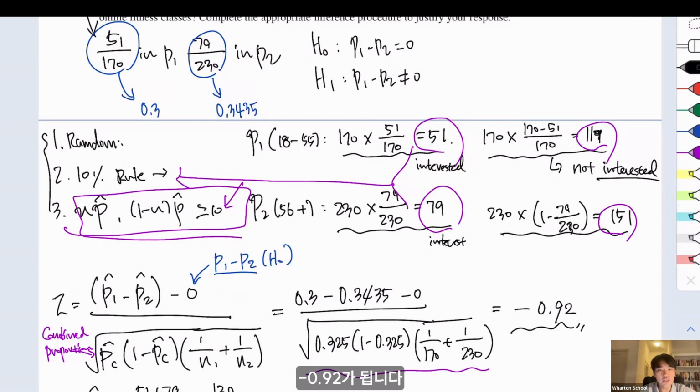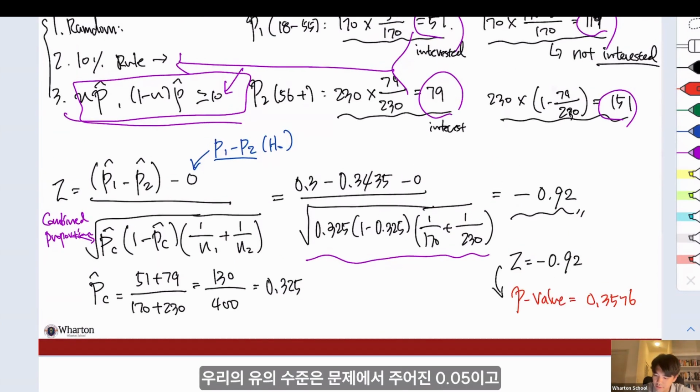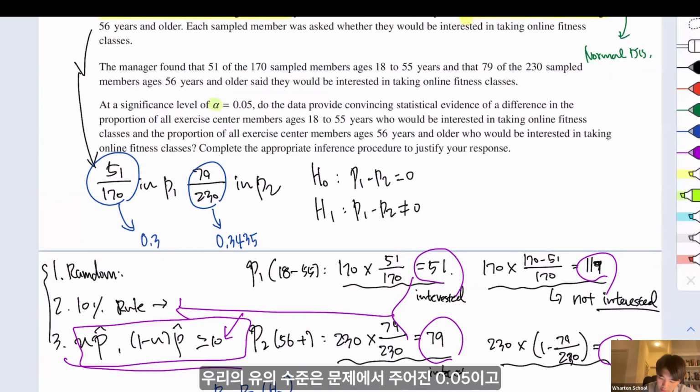The condition to reject the null hypothesis is that we have to find the p-value corresponding to z equals negative 0.92. The p-value when z is negative 0.92 is about 0.3576. Our significance level here is given as alpha 0.05.